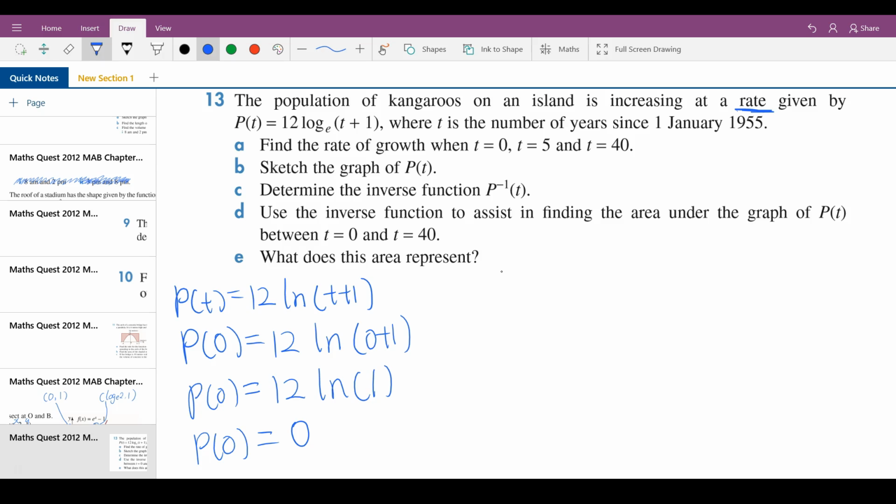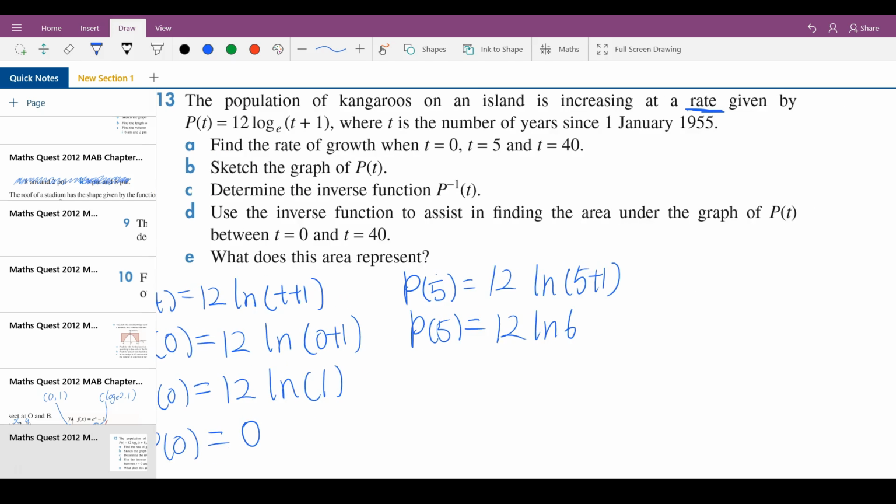Okay, so the next one is P(5) equals 12 ln 5. Oh, the bracket should be inside: ln of 5 plus 1. So P(5) equals 12 ln 6. I'm not going to work out what that is; I'm just going to leave it like that.